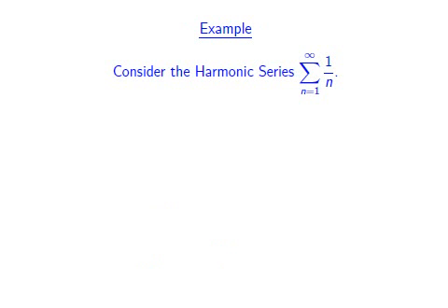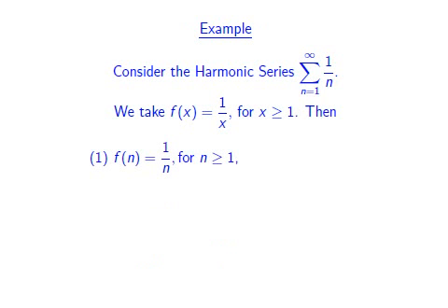For example, we can use the integral test to show that the harmonic series diverges to plus infinity. Clearly, the underlying sequence of the harmonic series is the sequence 1 over n. Now we need to observe that this sequence is linked to the function where f of x equals 1 over x, because then we have that f of n equals 1 over n for all n greater or equal to 1.